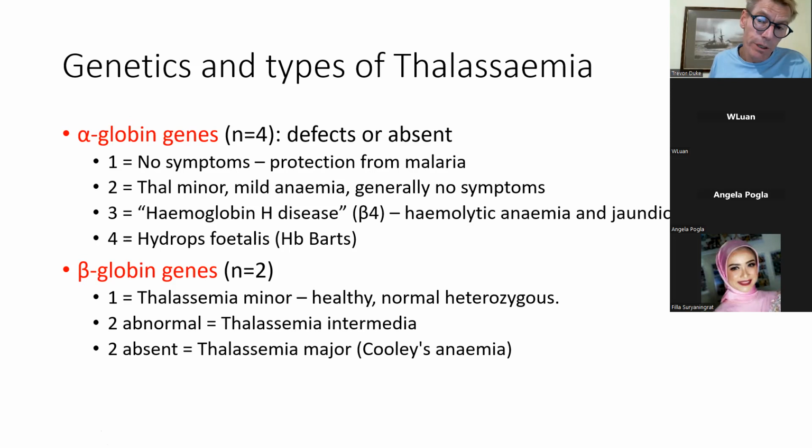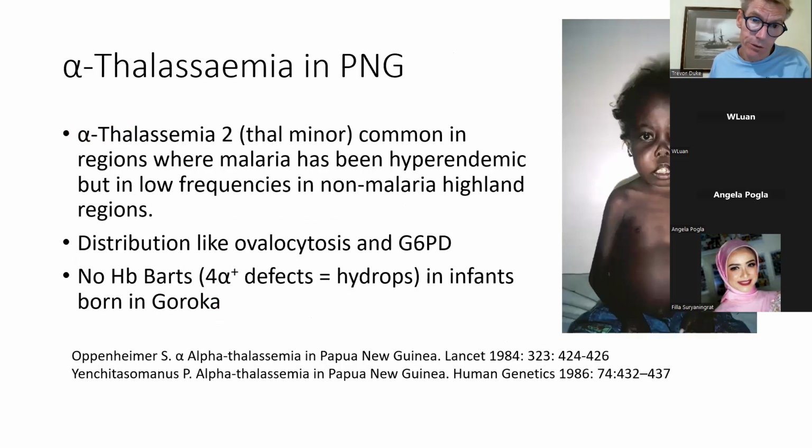So the point is, there's a very wide variety of thalassemia, from mild to severe, and there's even more variety within that, because there's hundreds of genetic abnormalities that can cause the gene defects, and each one of them is a bit different too.